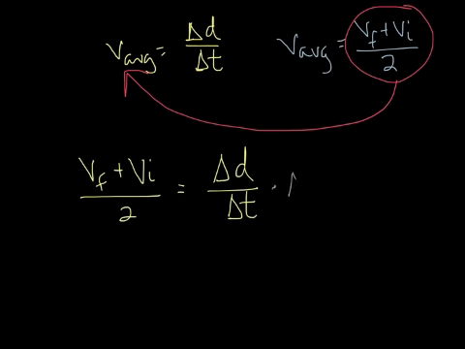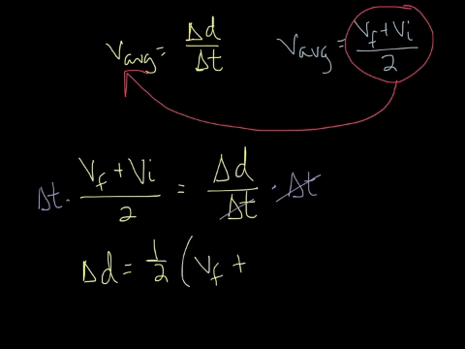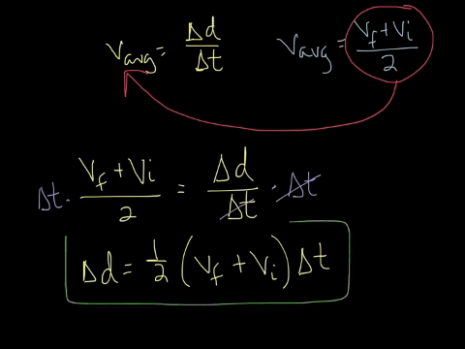Now I want to solve this for delta d. So the first step is to multiply both sides by delta t so that the delta t's cancel out on the left. This leaves me with the equation d equals 1/2 (v final plus v initial) times delta t. This is our second kinematics formula.